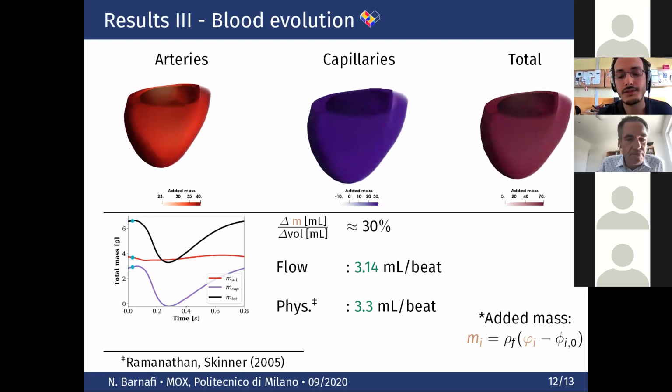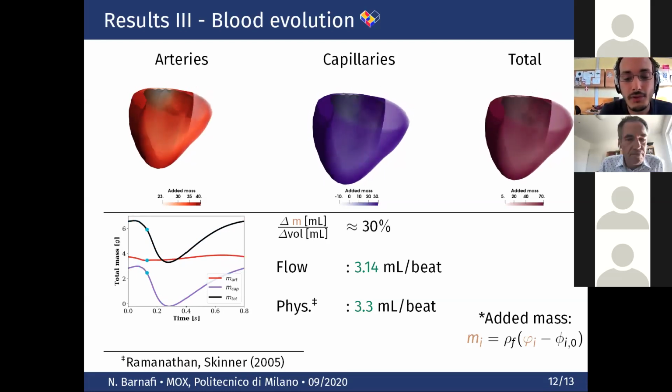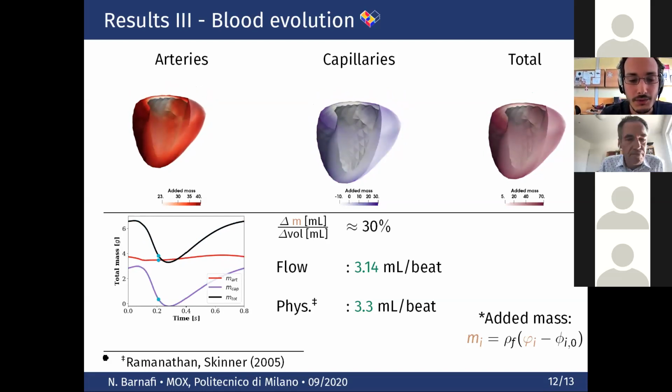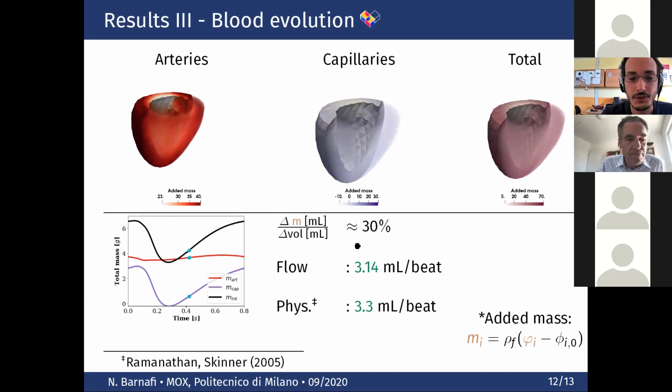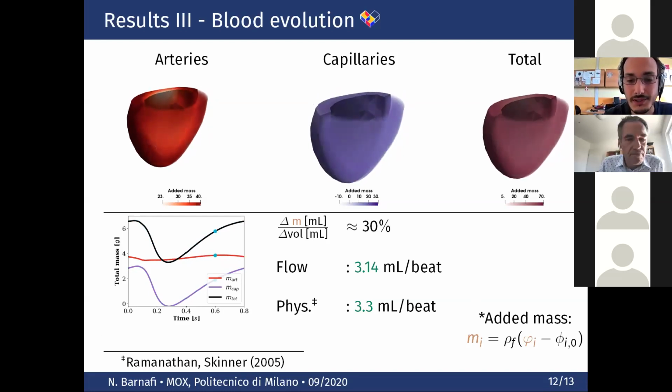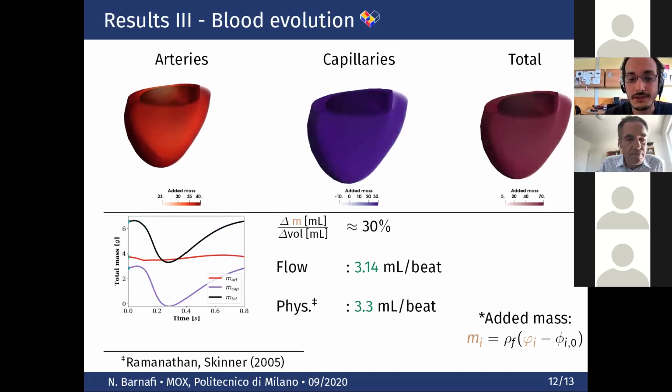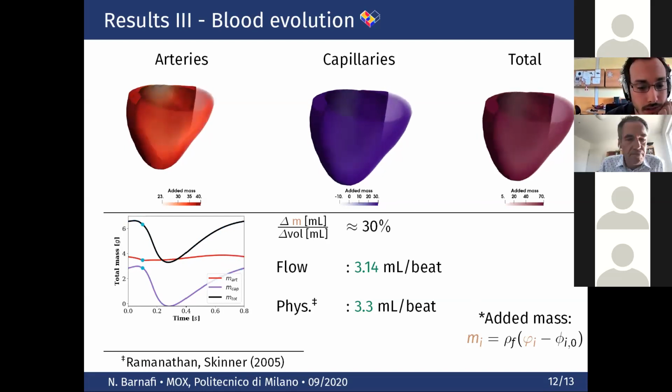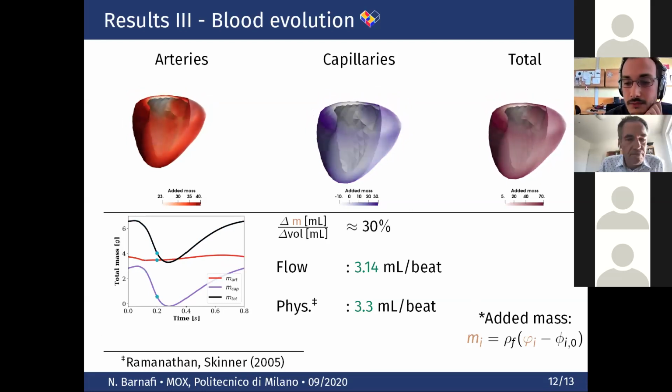Actually, the physiological value is 3.3, which was measured, and we recovered this value only through simulation. Now, validation is a huge subject, but this number gives us a good validation for this model.